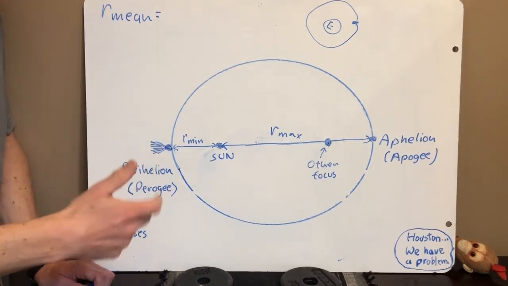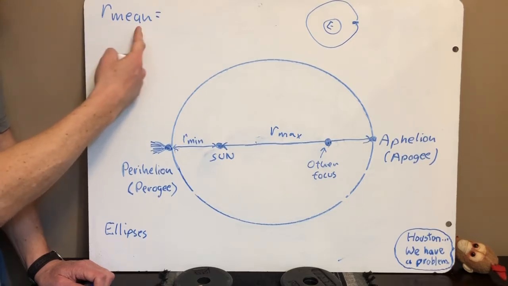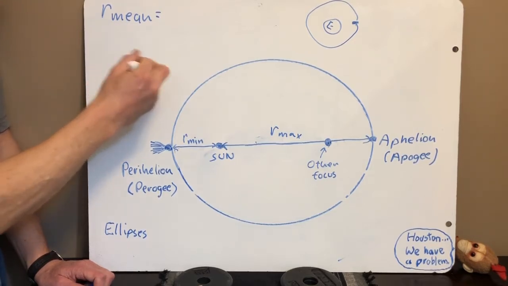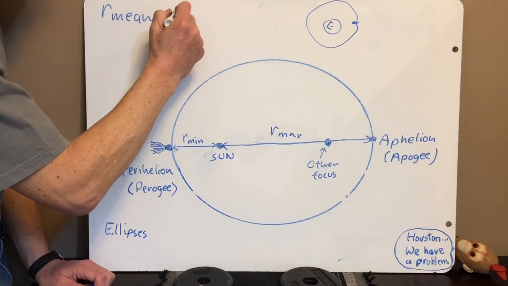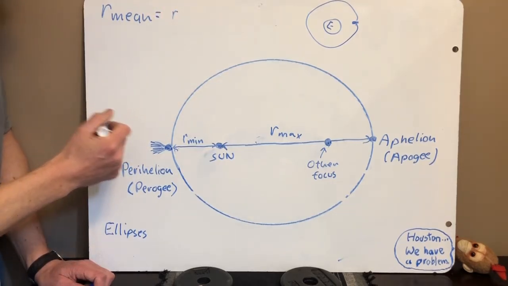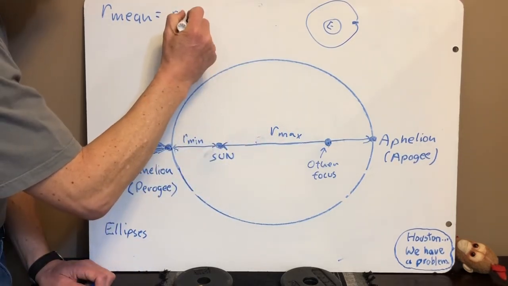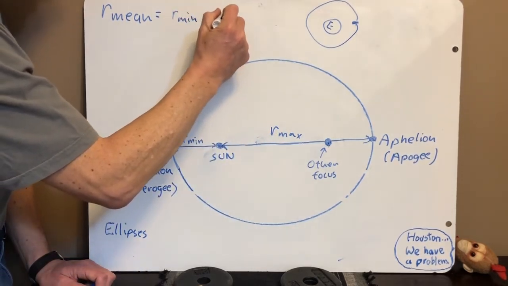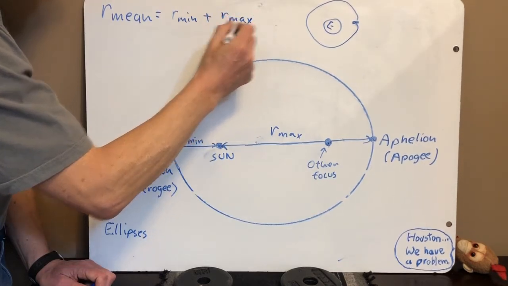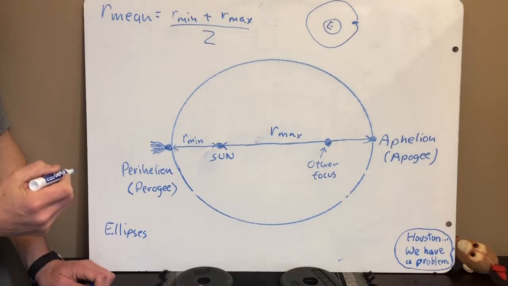So when you look up how far a body is from the sun, basically you're getting the average or the mean distance, which is of course going to be, you can probably figure it out on your own. It's going to be, well, this one plus this one, added together and divided by 2.